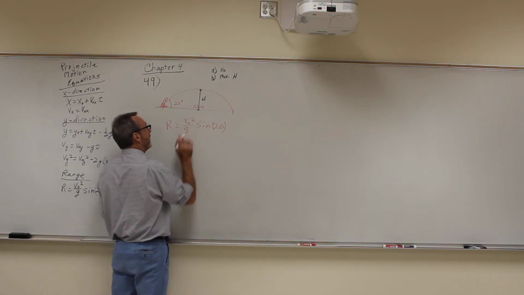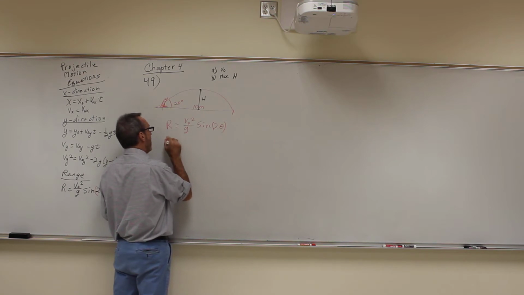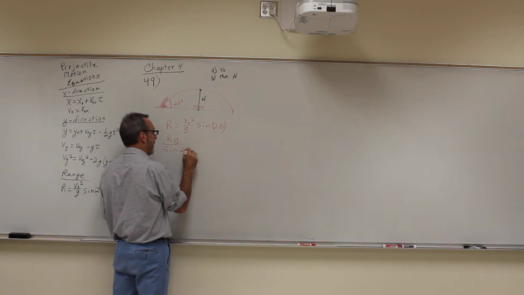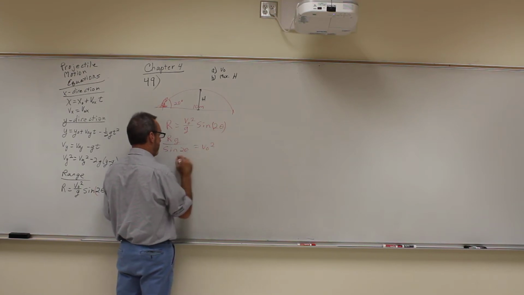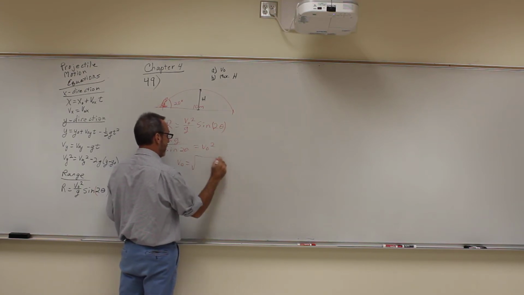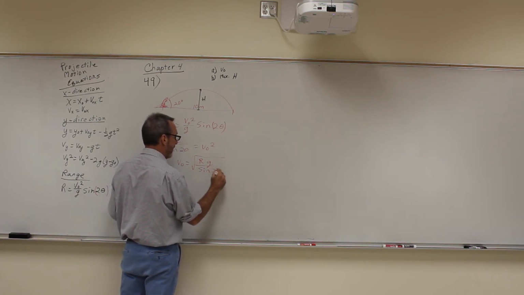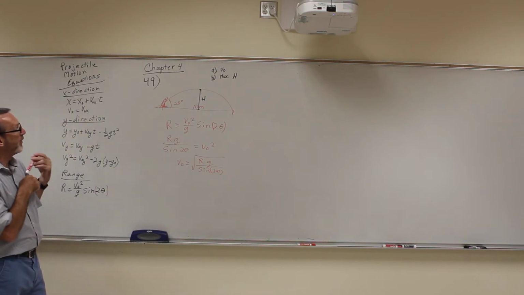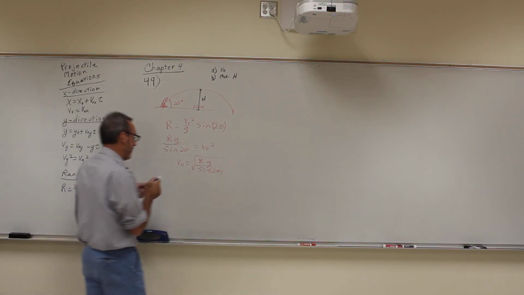We want to solve this for V naught squared. So we're going to take R times G divided by sine of 2 theta is equal to V naught squared, or V naught is equal to the square root of RG over sine of 2 theta. Hey, we have all those numbers, so this is actually very easy.